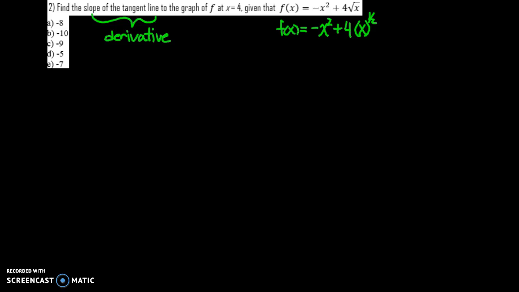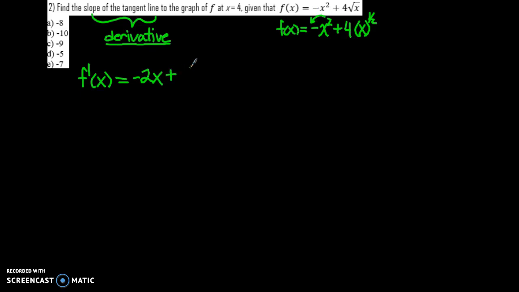When we're finding the slope of a tangent line, we are actually looking for the derivative. Notice how we take out the square root and rename it as to the 1/2 power. So the first thing we need to do is find the slope of the tangent line, which is finding the derivative of f of x. We'll bring that 2 over, so that gives us -2x.